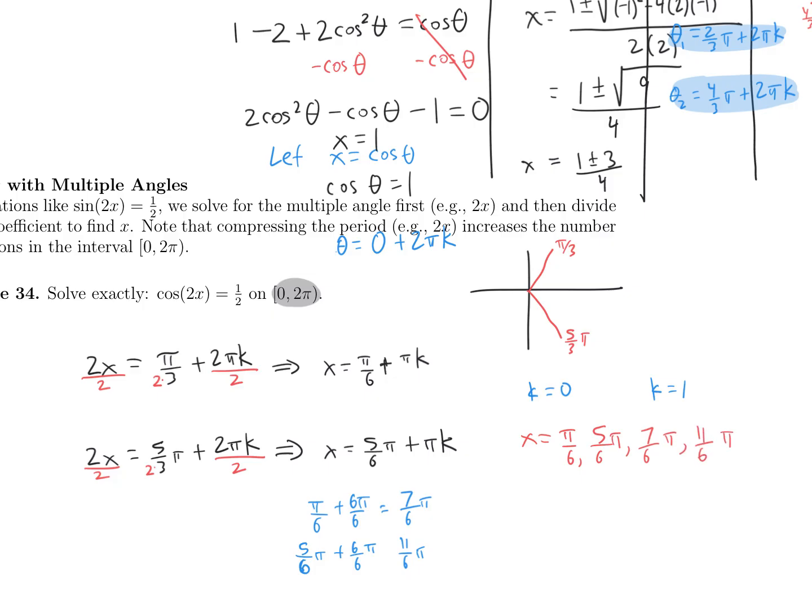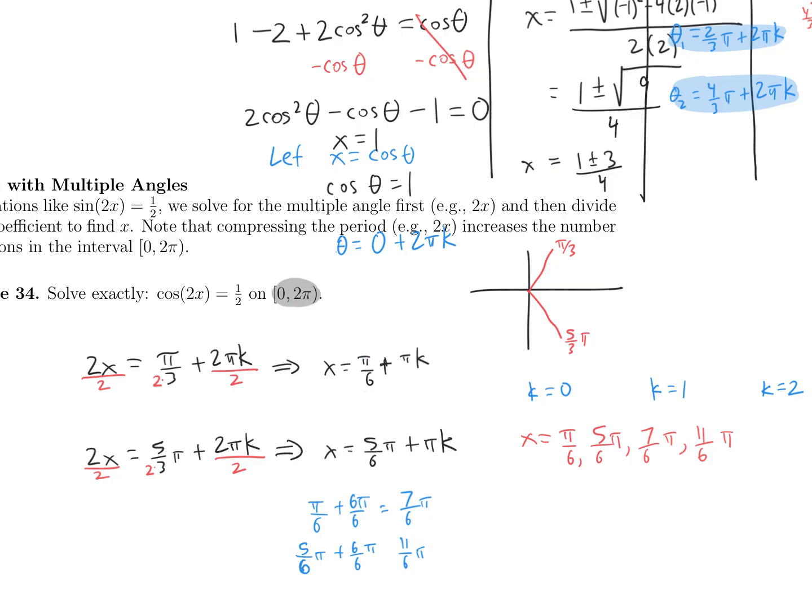Okay, for the next value of k, we would try 2. But guess what's going to happen? If you plug in 2 for k, you're going to have 2 pi here. 2 pi plus anything is going to exceed 2 pi. So because this is 2 pi, anything more than 2 pi plus pi over 6 is definitely outside of this interval.